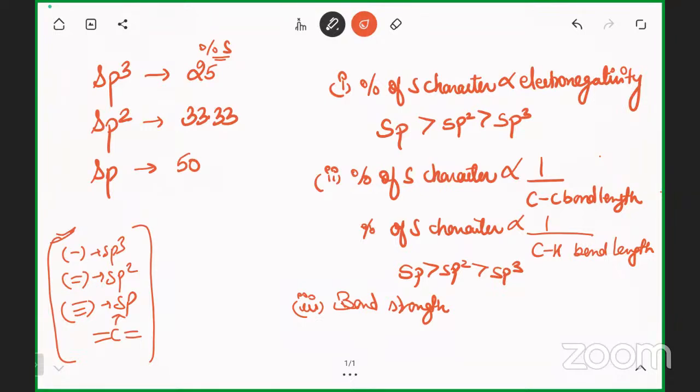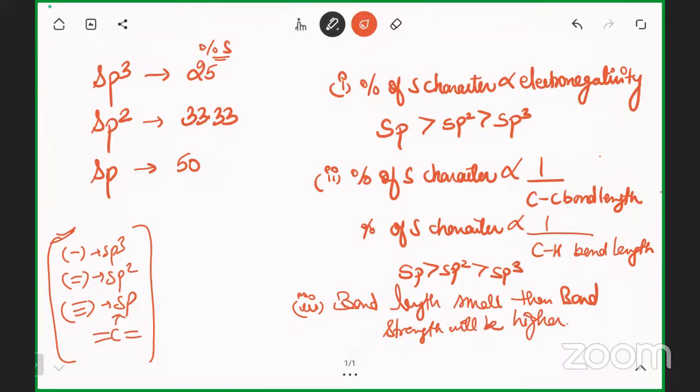See, you can say if bond length is small, then bond strength will be higher.